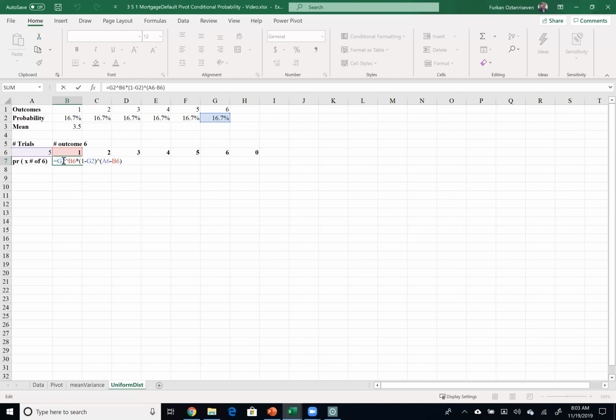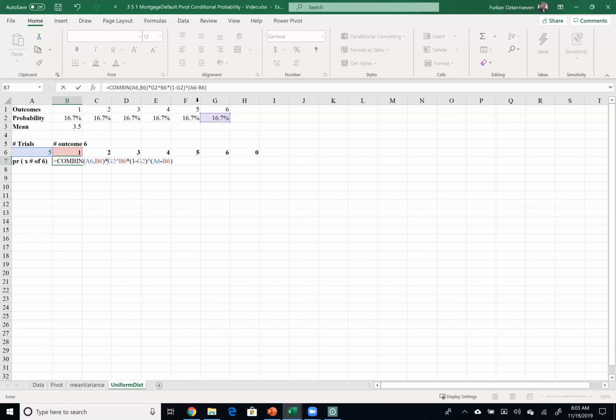But I don't care whether I get 6 in the first attempt, or second trial, or third, or fourth, or fifth. So if I want to count all those possible combinations, I will use the combinatorics or combination function, Excel COMBIN. So I have 5 trials, comma, and out of 5, I want one of them to be 6, and I don't care about the order.